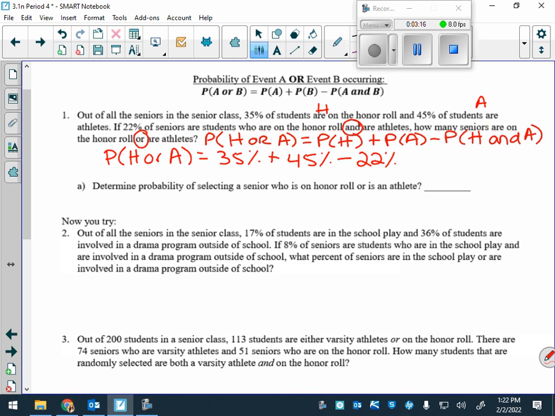By doing this, we actually find the whole percentage of the probability of selecting a senior who is on the honor roll or is an athlete. And what do we get? Liam? 58%. Good. 58%.